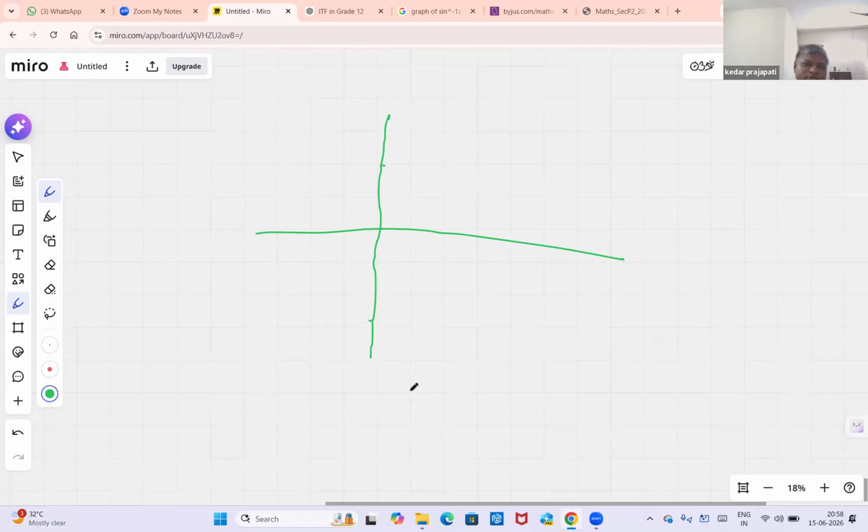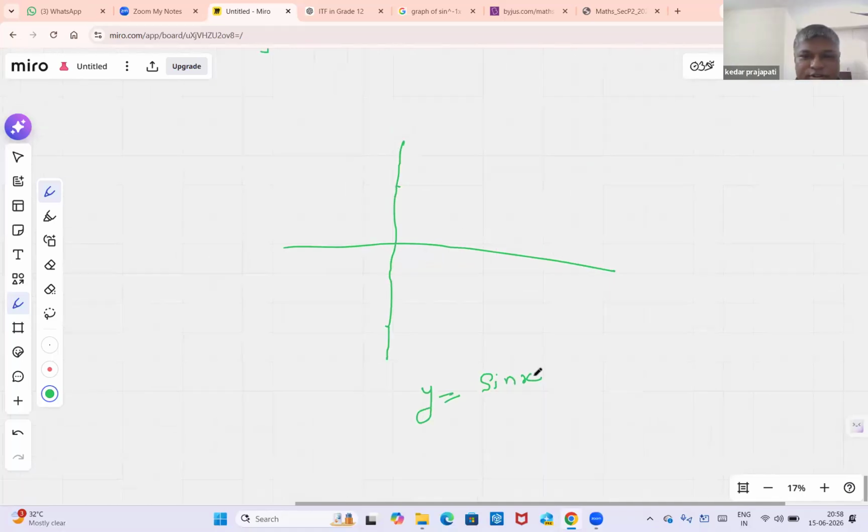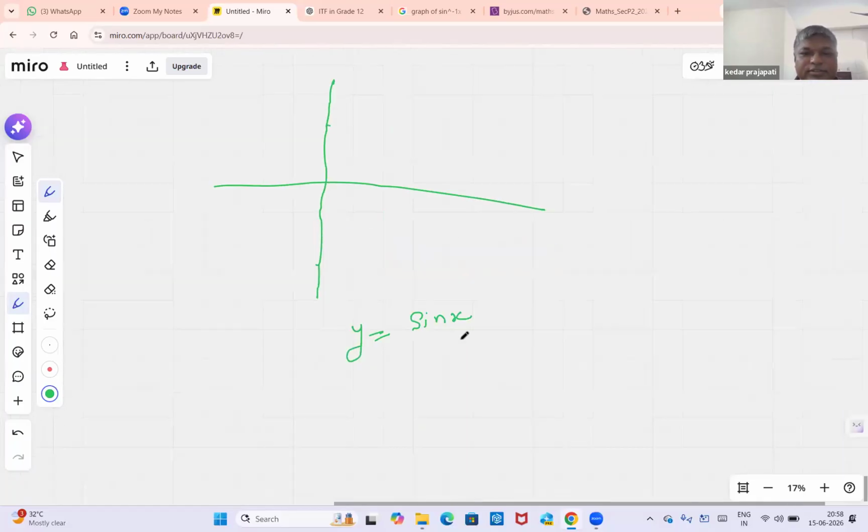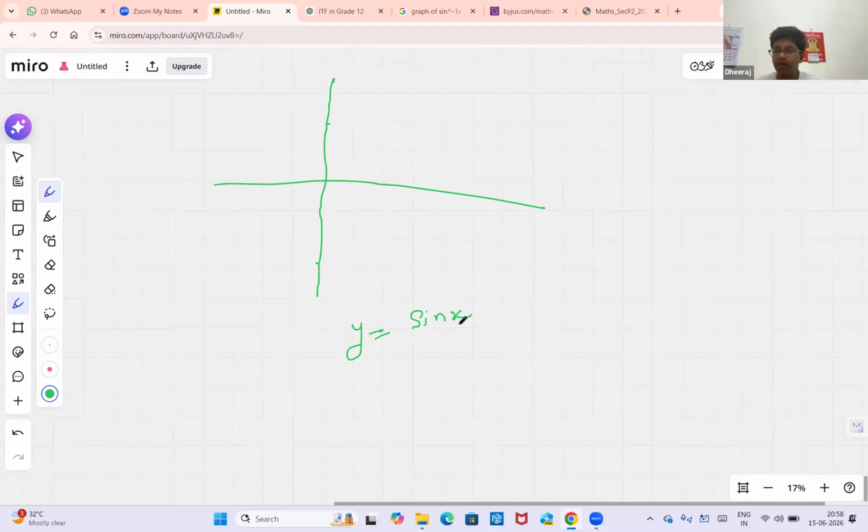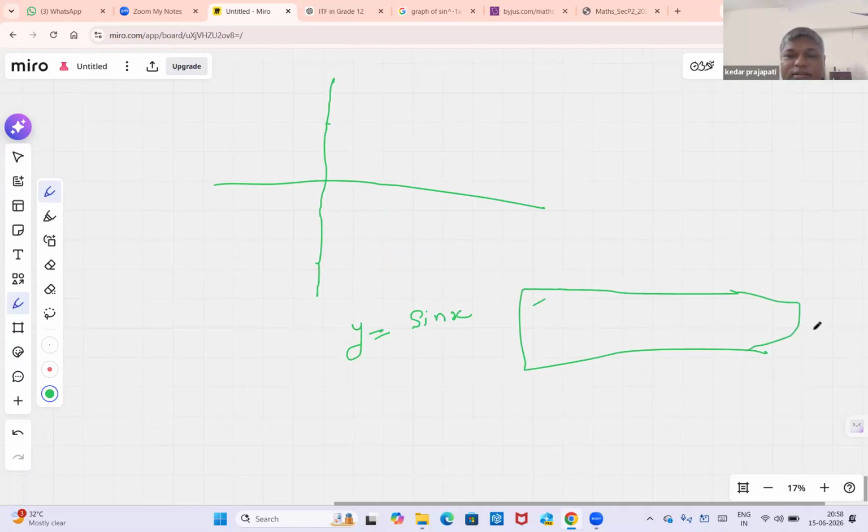I'm just drawing y equal to sine x now, not sine inverse. How will we draw the graph of y equal to sine x? Here y is dependent on x. So let us tabulate the values of x and y.